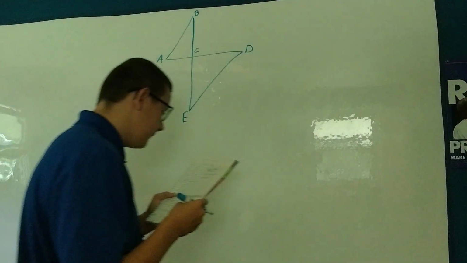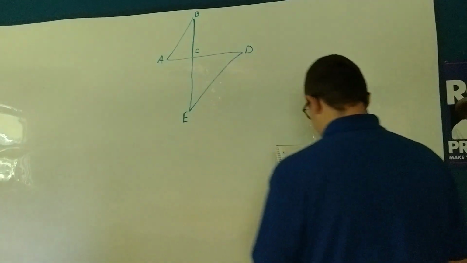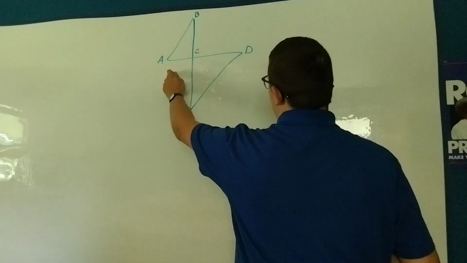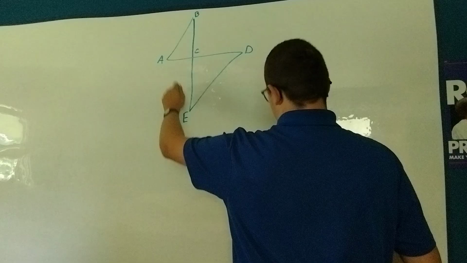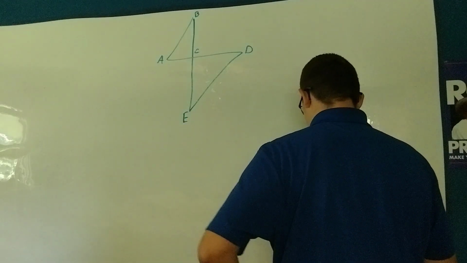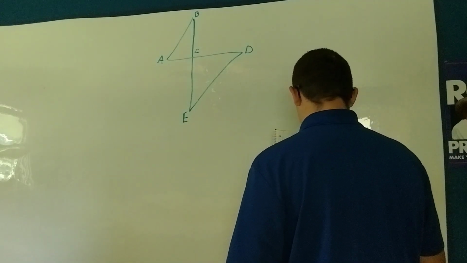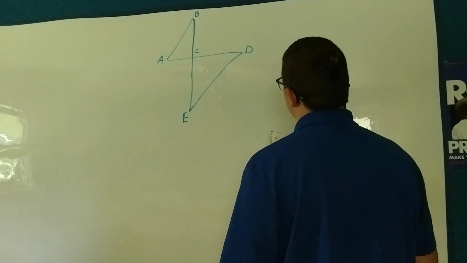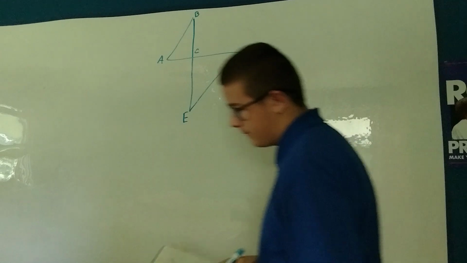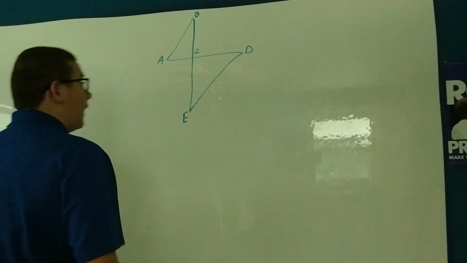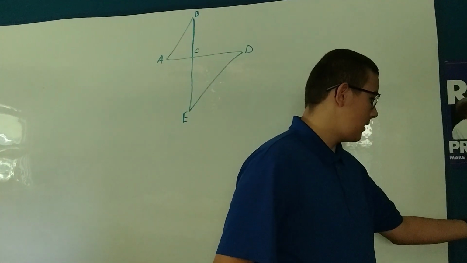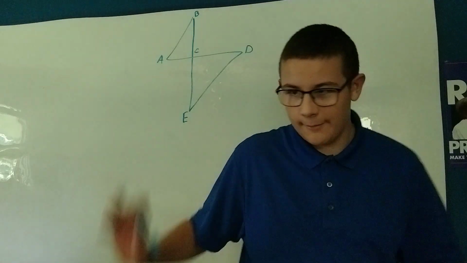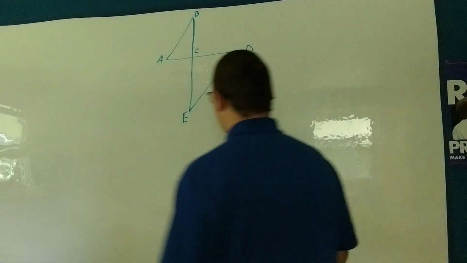Okay, we're told that A, E, D is congruent. A, huh? Okay. I'm just going to come up with a new one. We'll use the same diagram. I'm just going to ignore the book here.